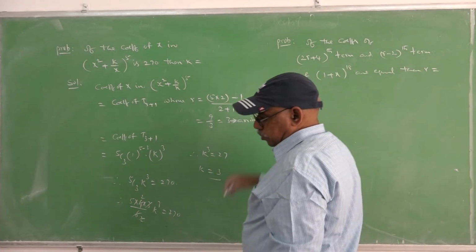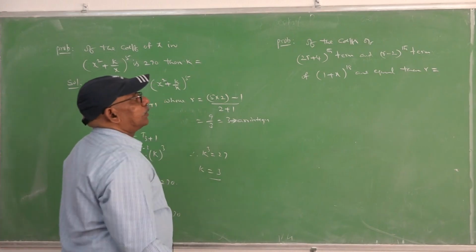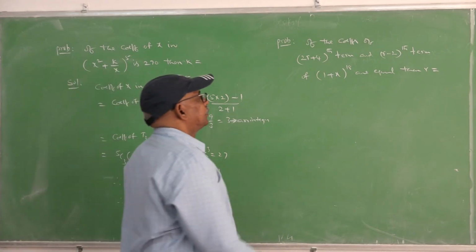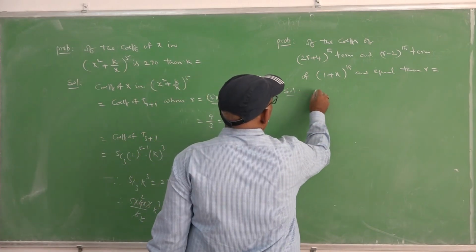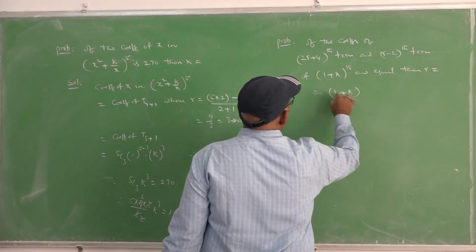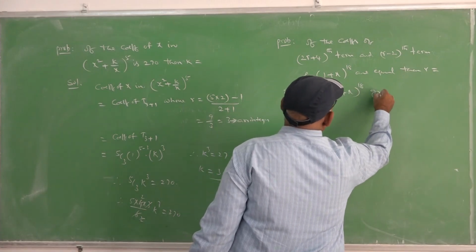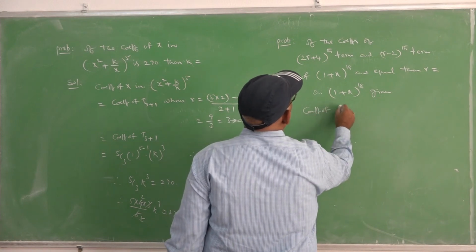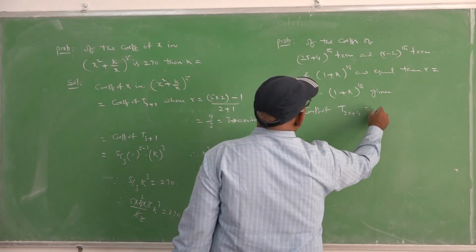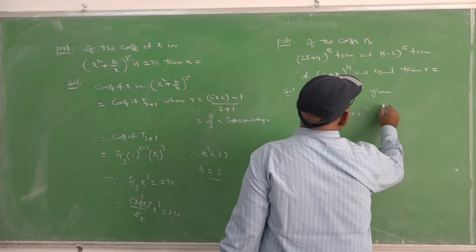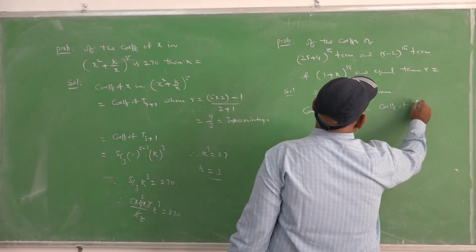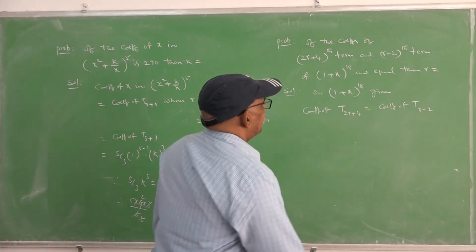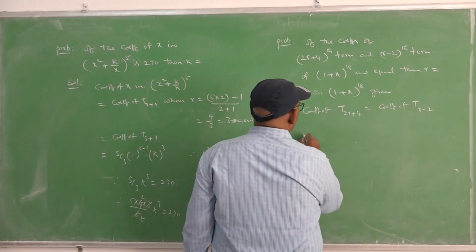This is one more model. The coefficients of the terms are equal here. So in the expansion of (1+x)^18, the coefficient of the t_(2r+4) equals the coefficient of t_(r-2).